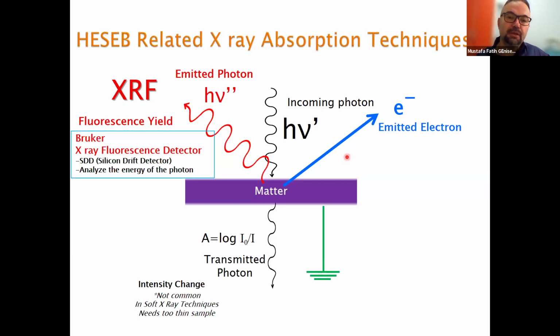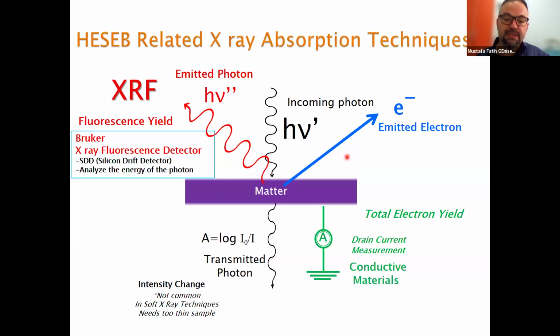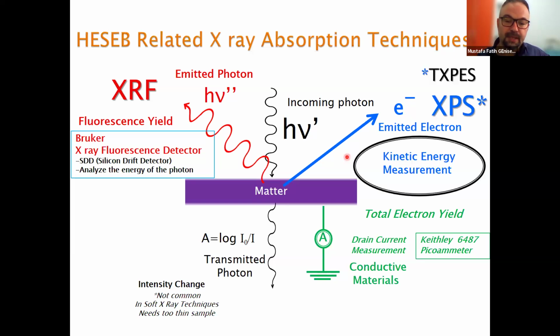If we connect our sample to the ground and measure the drain current, we call it total electron yield measurement. For this, your sample has to be conductive, and HESEB has a Keithley picoammeter for this reason.